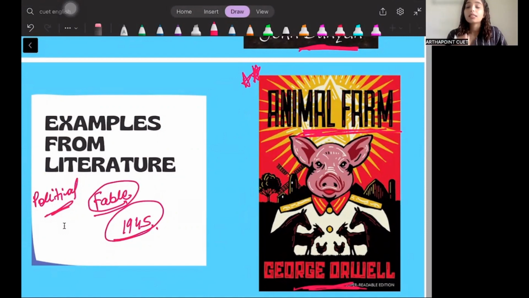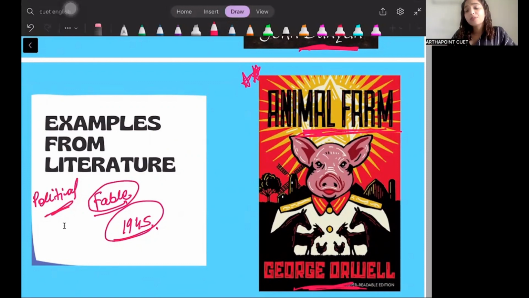The book consists of a group of animals that revolt against their human masters. They rise up and form a sovereign government led by the pigs, and these pigs, after coming into power, themselves become like the human master and assault the other animals on the farm.